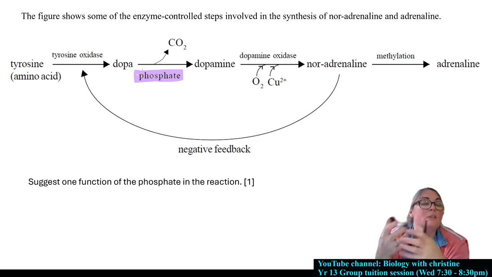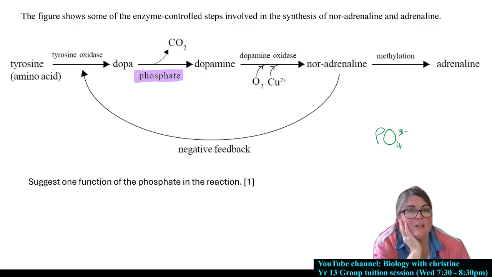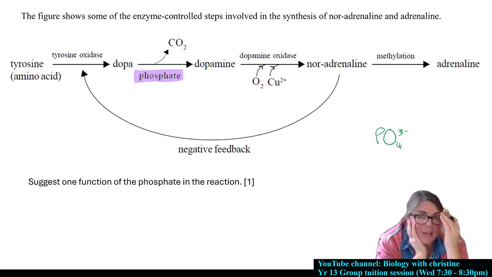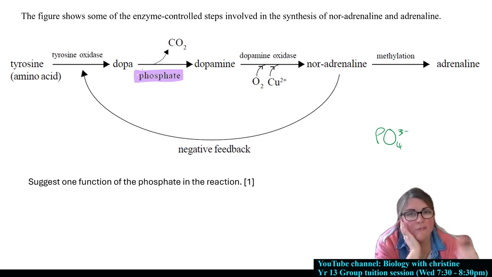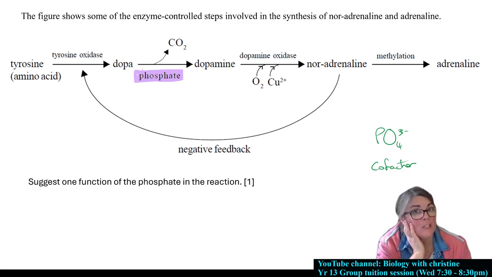So what does a phosphate do? So you should know that your phosphate is free in the cytoplasm. Now, a phosphate is actually a cofactor if it binds to an enzyme and therefore changes its shape.